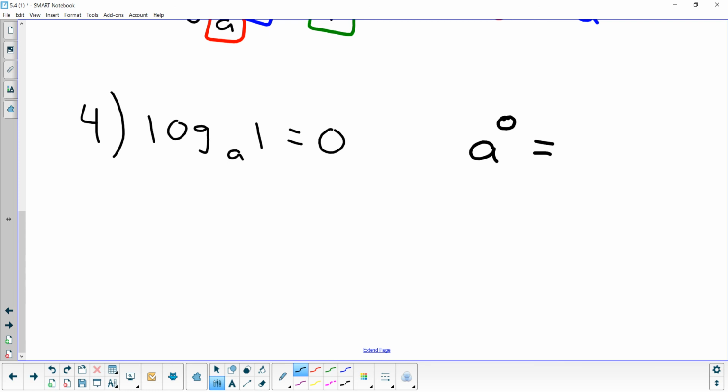So that ends up by itself on the other side. That's the rule that says if you raise anything to the 0 power, you get 1. Again, that's another rule from algebra. Anything to the 0 power is 1. This is how you would have seen it in Algebra 1. This is how you can write the same rule using a logarithm. Okay, so questions on those special properties?